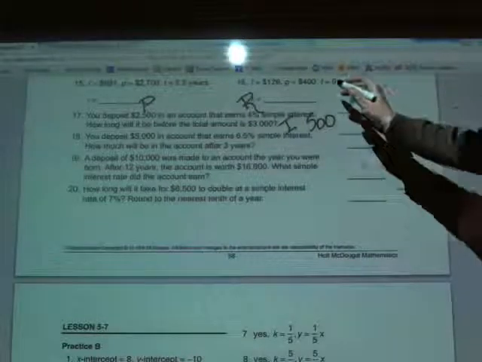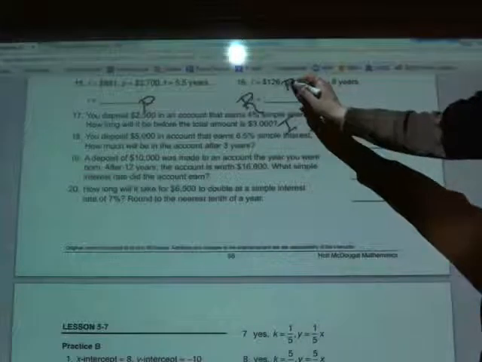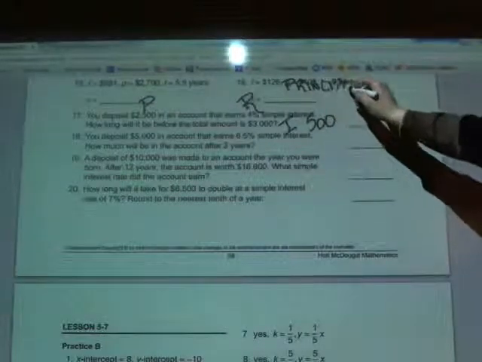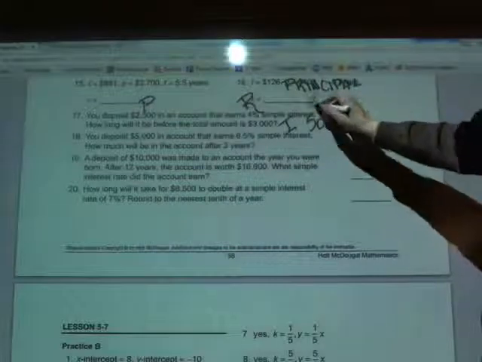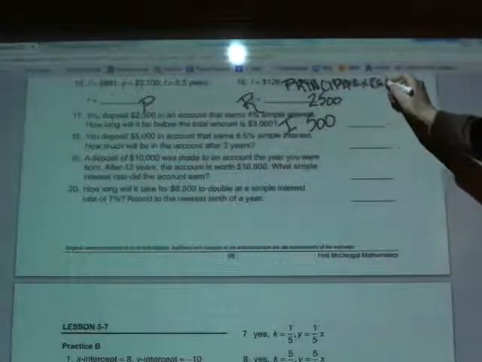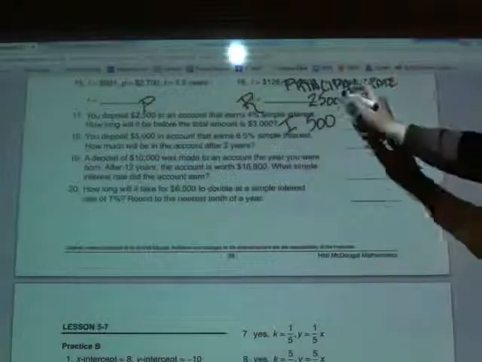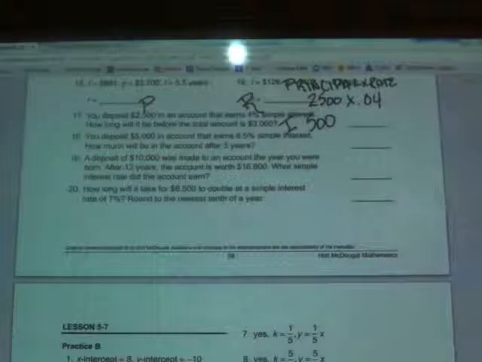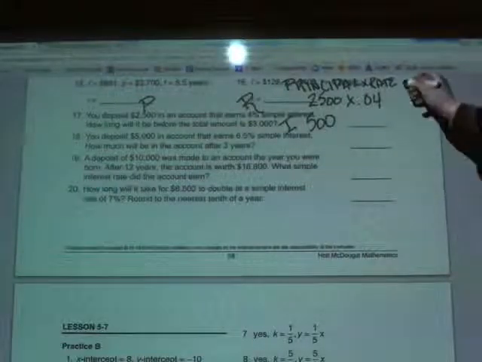So let's plug our numbers into our formula. Again, principal, which is 2,500, times the rate, 4%, which you know I'm going to write as 0.04. That's how we change a percent to a decimal, twice to the left with the decimal and drop the percent sign.